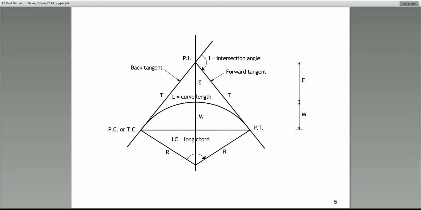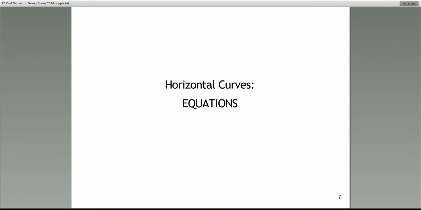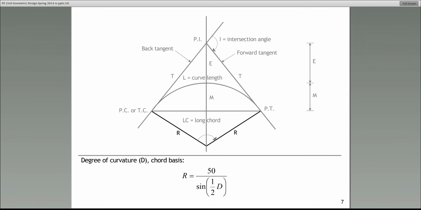And if we are given maybe 2 or 3 of them, how do we find the rest? Well, in order to do that, we need to know the relationship between the various components. So next, we will look at equations that govern those relationships.